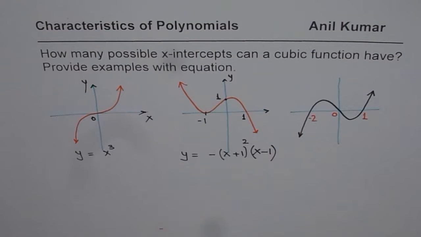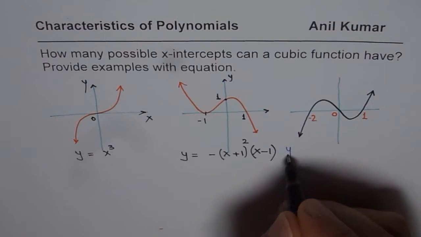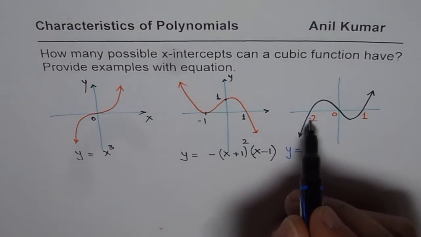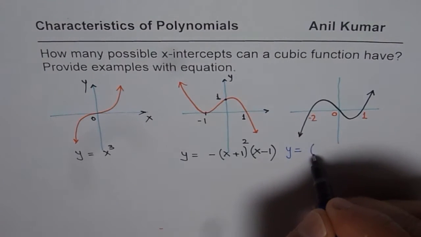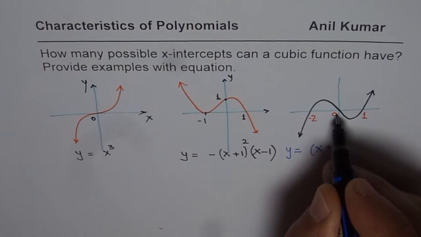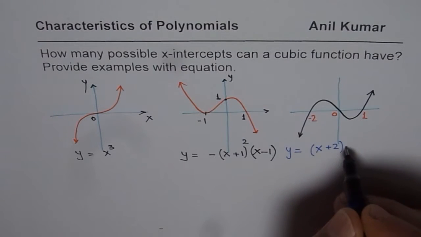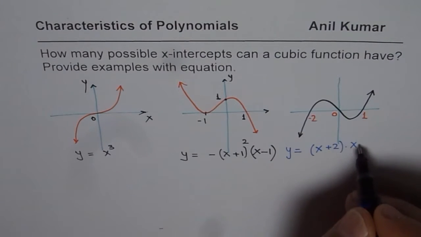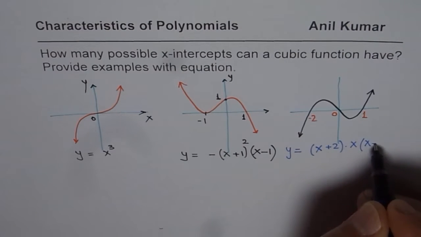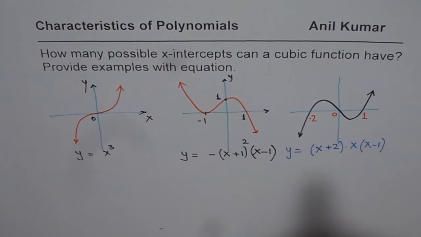The equation for this can be y equals, since this is minus, we could write this as x plus 2. Now here this is at 0, so it is just x, and because of that we have a factor x minus 1. So this is also a cubic function which can have 3 x-intercepts.